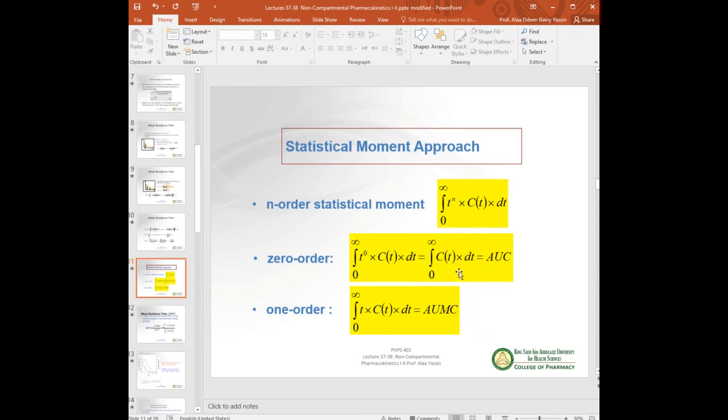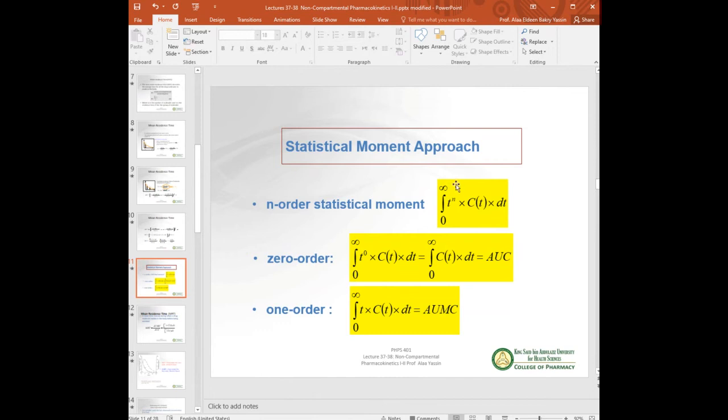So when we finish the integration, it will be C multiplied by t, minus the value at 0, which will be 0, and at t equal to infinity will be the formula of AUC. So this is called the zero order, or the zero moment, of the statistical moment theory.